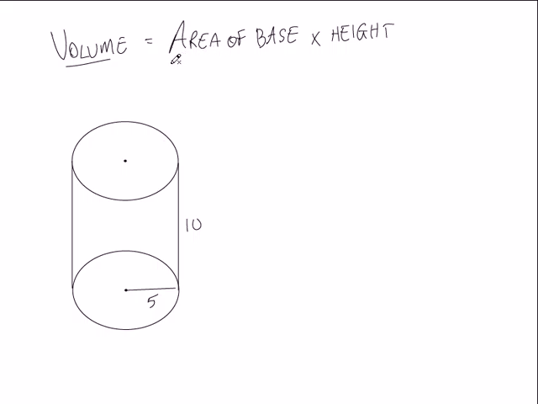So this is what you learn right here. You don't need a specific formula for this specific figure. This works with all kinds of different shapes. It doesn't have to be just a circle. So I'm not learning just one volume formula just for a circular cylinder.